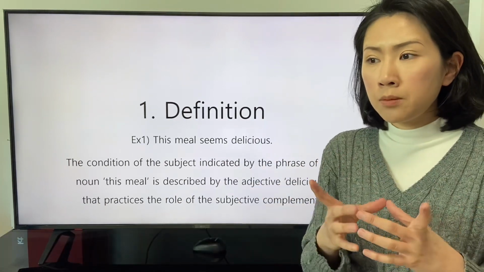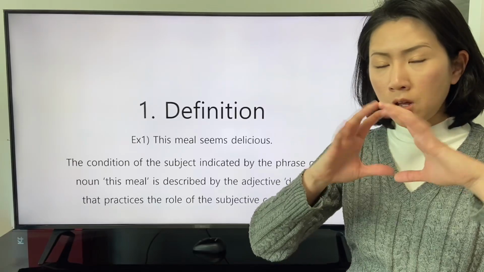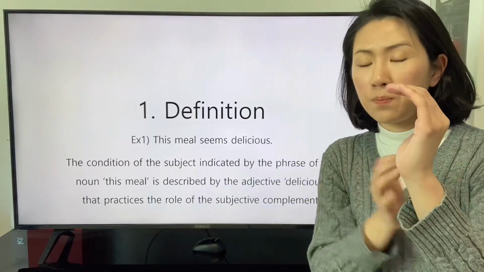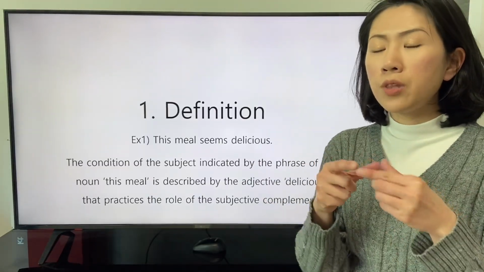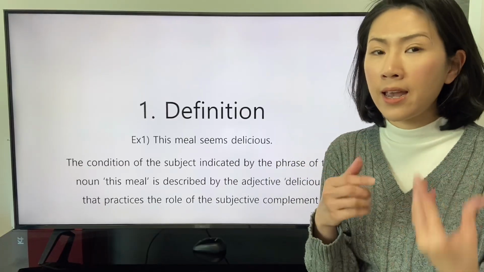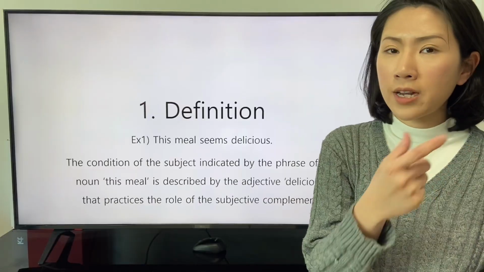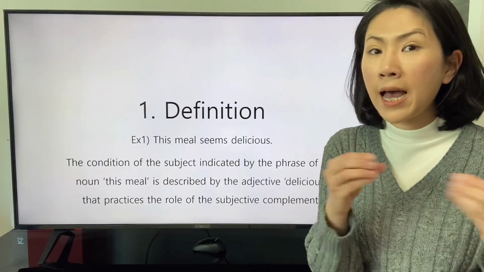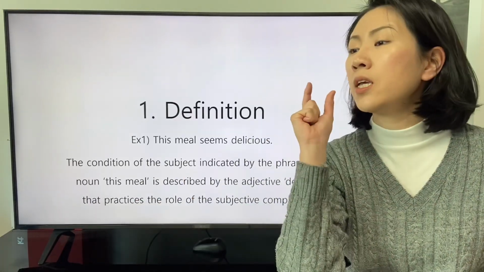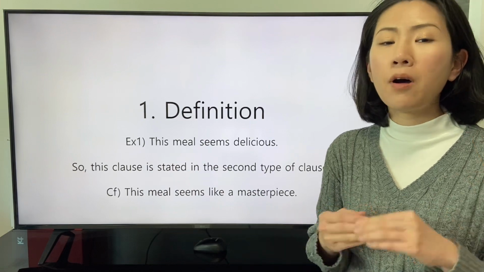The description by the determiner is the specification to distinguish the object from the other object. So the description by the determiner cannot be isolated from the indicative word, but the description by the adjective can be isolated in the arrangement in the clause from the indicative word. So this clause is stated in the second type of clause.